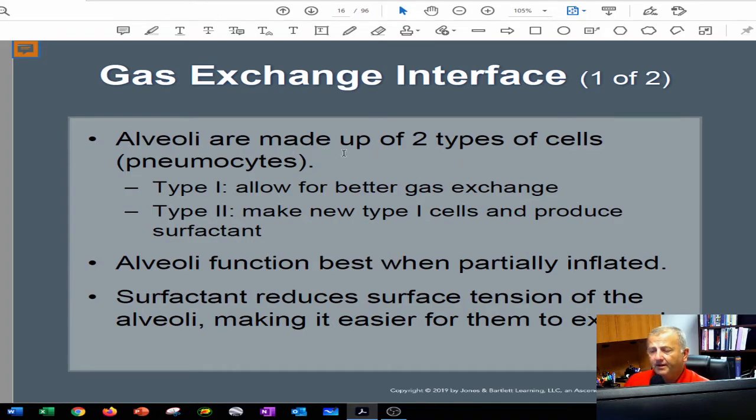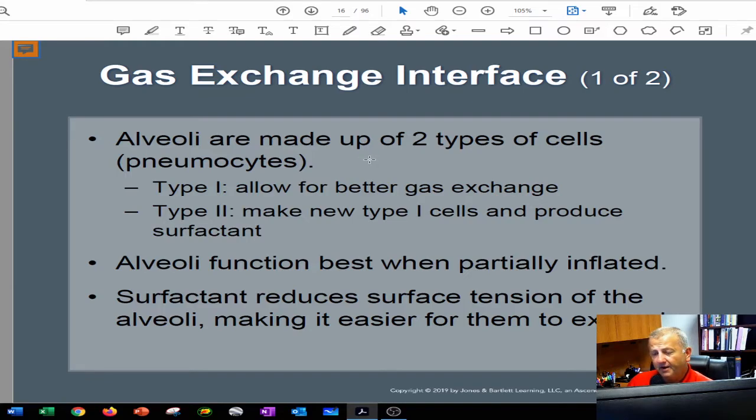Alveoli function best when they are inflated. It's kind of like the book uses an example of a balloon. If you had to blow a balloon up just out of the pack, it's going to be difficult sometimes, depending on the size.